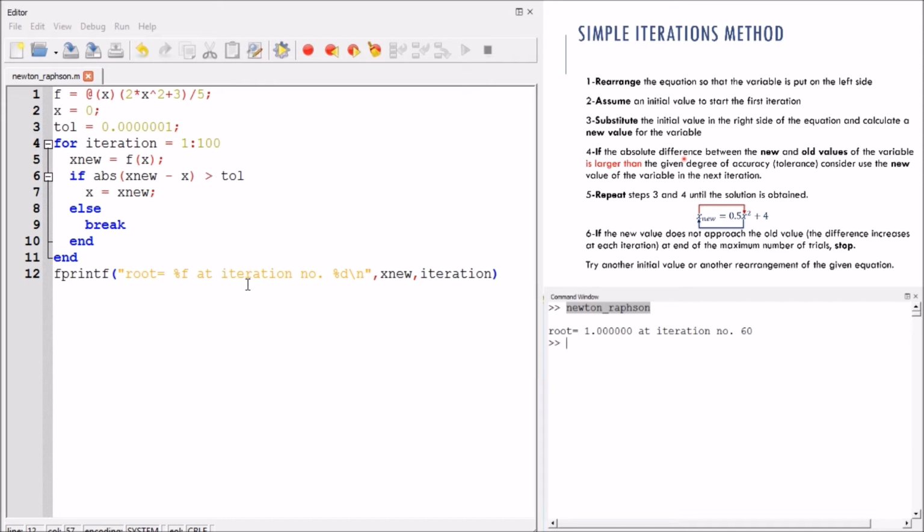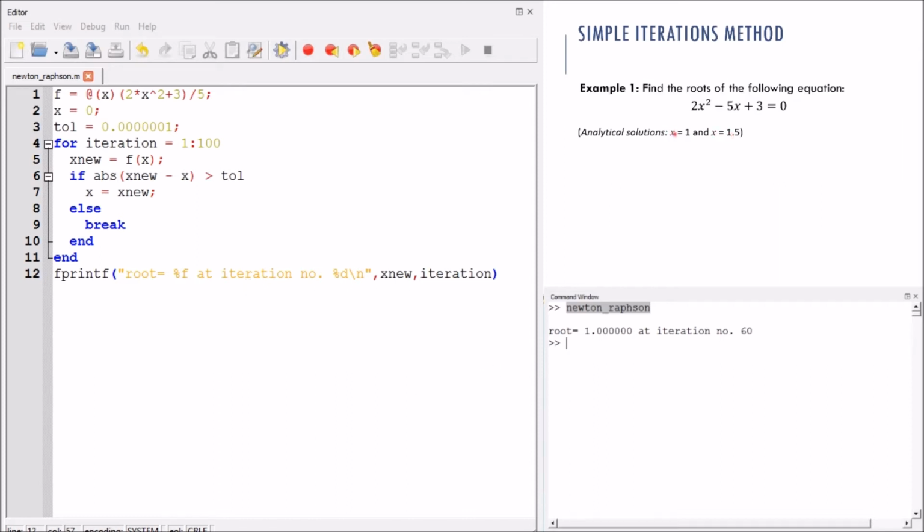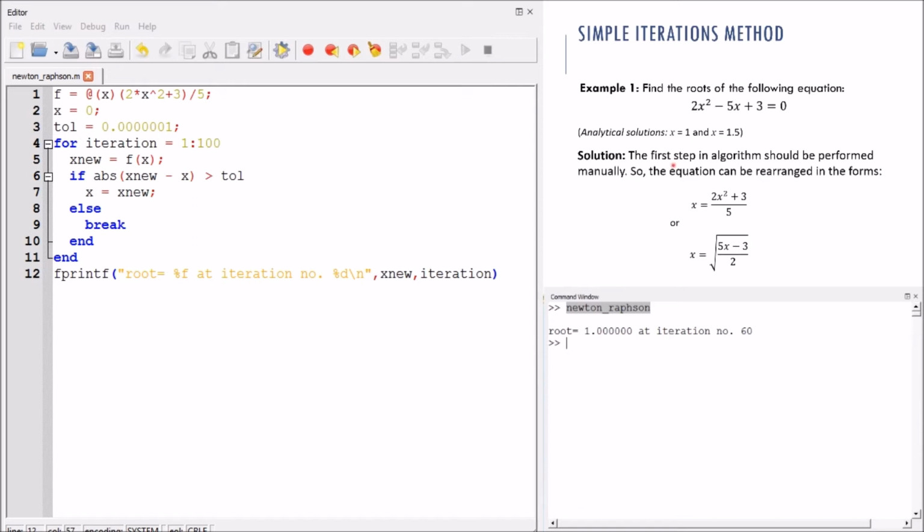In order to get the second root, because we know that this problem has two solutions, 1 and 1.5, let's try at the beginning another initial guess. Instead of 0, let's say 1.2.